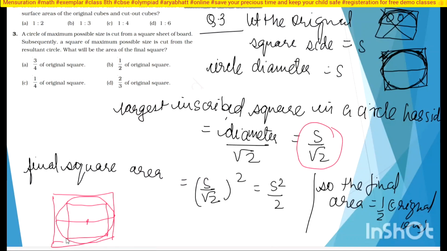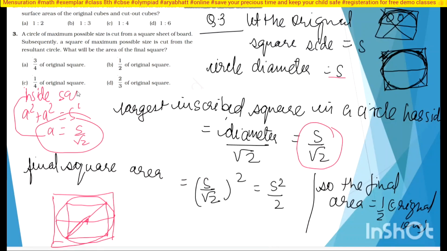Because I have joined this, the diameter, and I already told you the diameter is S. So a square plus a square is equal to S square, so a will be S by root 2. That is why we have this formula. I already told you where I get this part. Draw this diagram also.